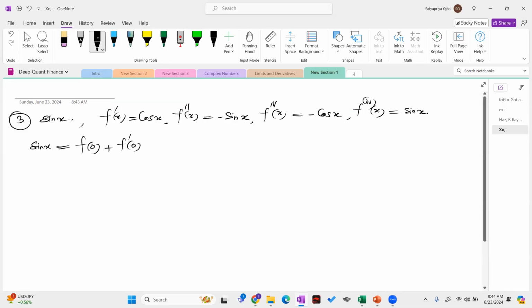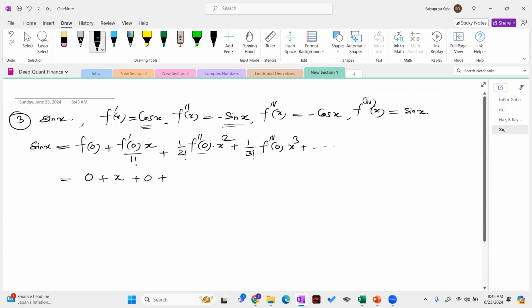F dash 0 x, 1 by 2 factorial f double dash 0 x square, 1 by 3 factorial f triple dash 0 x cube. Sine 0 is 0. Then cos 0 is 1. So this is x. Then minus sine 0 is 0. So there's no x square term.